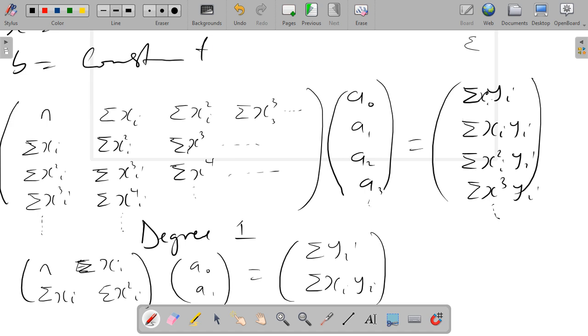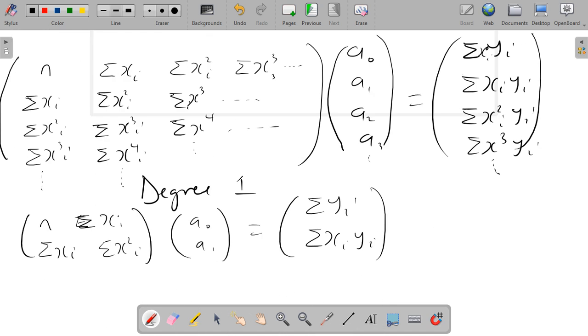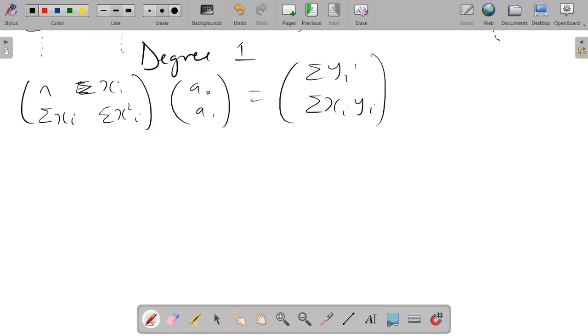Okay, so now if I solve this, if I multiply using the normal method of matrix multiplication, this will multiply. So I'm going to have a0 n plus this one multiplied by this one, so I have a1, this one multiply this one. This side multiply this side.